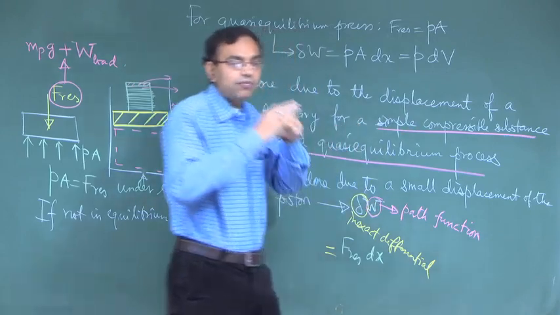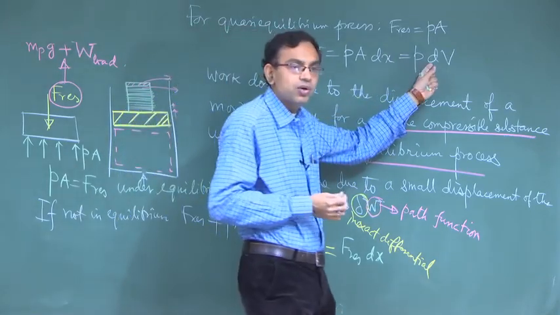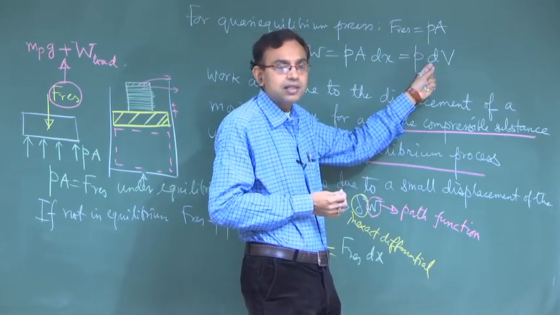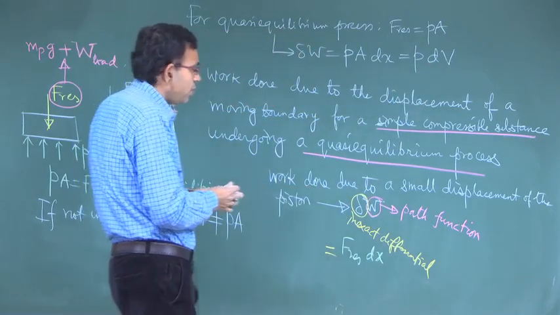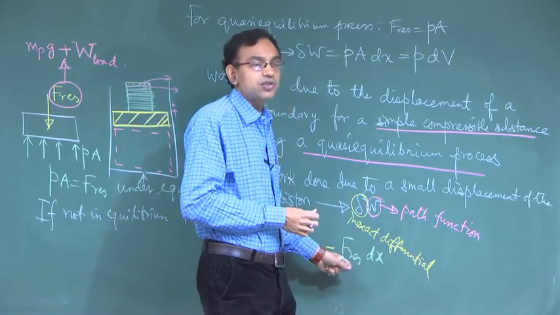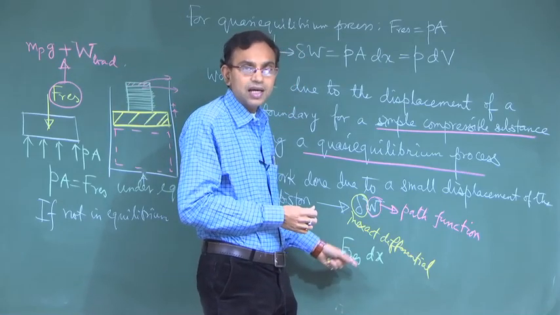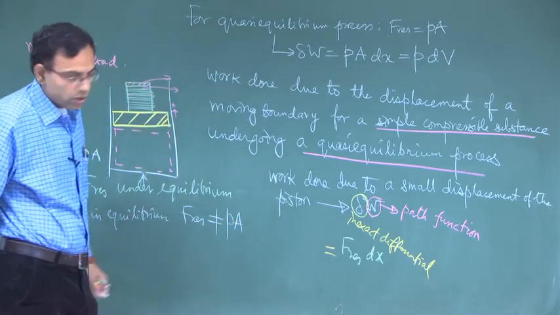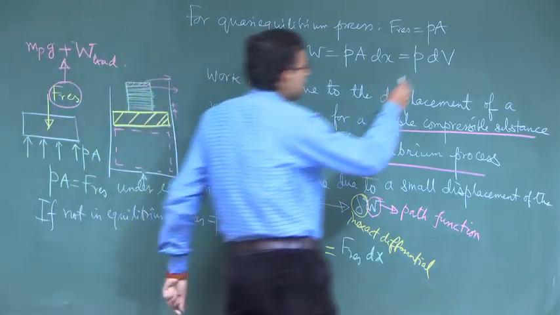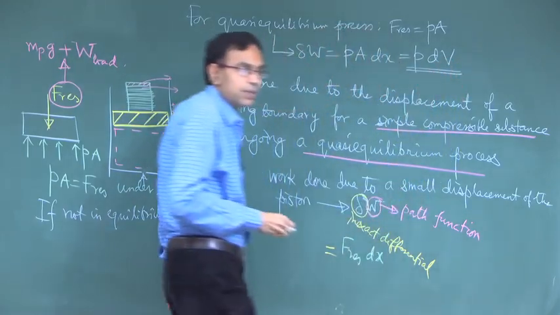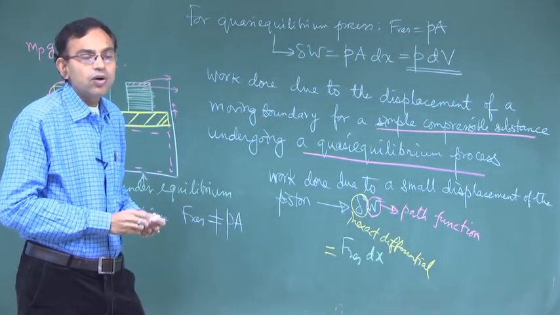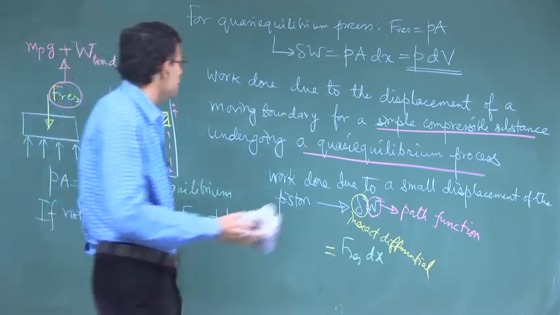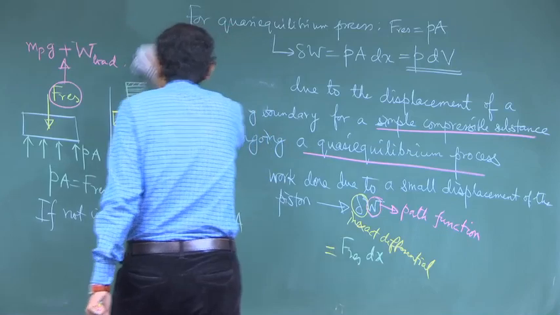Many people have a false impression that this is true only for a closed system, that is not correct. It is true even for an open system, because the definition of work never requires that it has to be a closed system, it is just the resistance force times the displacement. So, to summarize, this expression is valid for a simple compressible substance undergoing a quasi equilibrium process, that is all, no more assumption is associated with it.